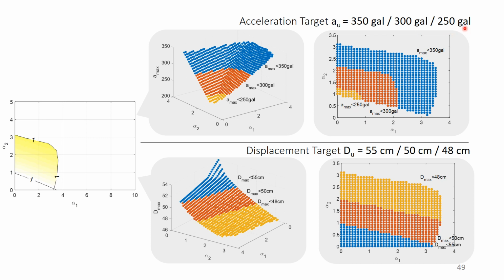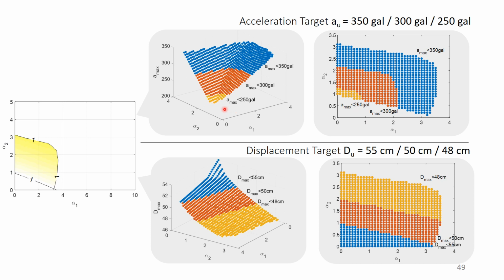With these three different acceleration design targets, we can see that for Amax smaller than 350 gal, the design area will be the blue area, including the red area and the yellow area. For the stricter Amax less than 300 gal, the design range will be the orange area plus the yellow area.